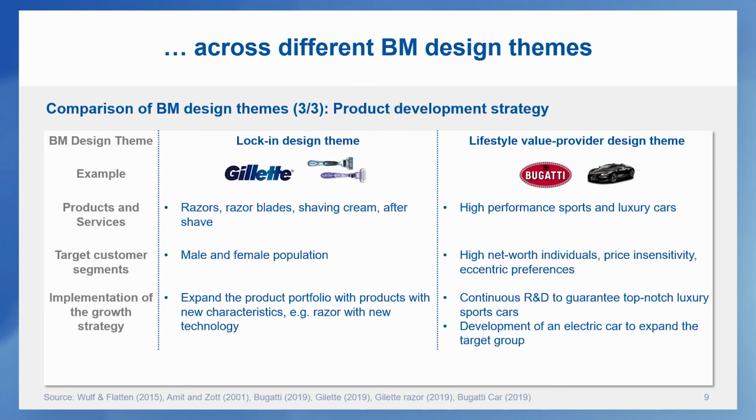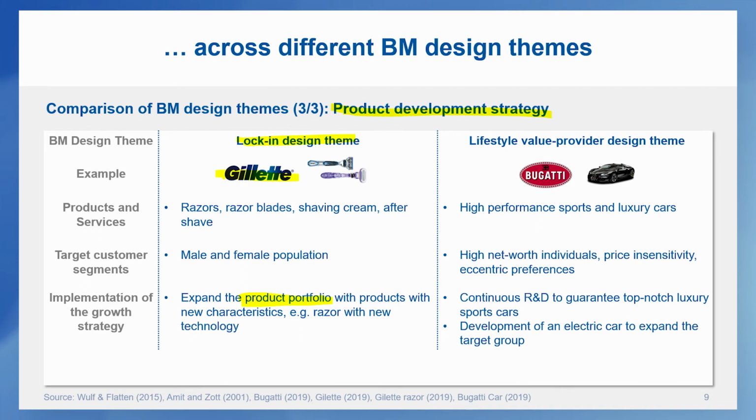And thirdly, last but not least, it's the product development strategy. Again, you can see different companies following a product development strategy in a different way with a different design theme. Gillette, as we said, has a lock-in design theme, and the product development was basically improving the product portfolio better and better over time, with products with new characteristics, more blades, and all sorts of things.